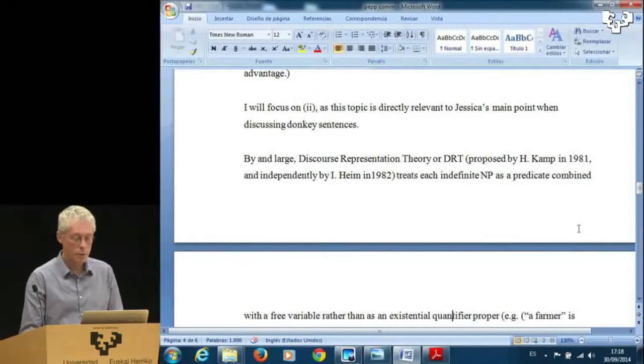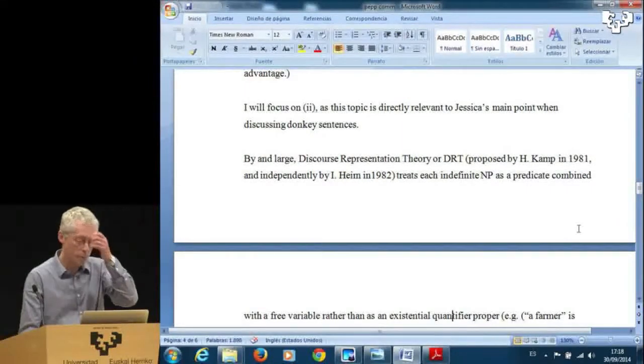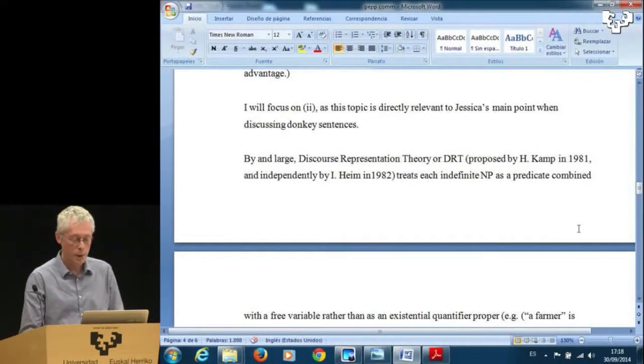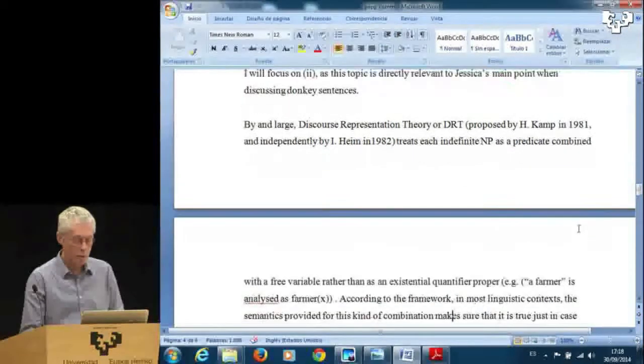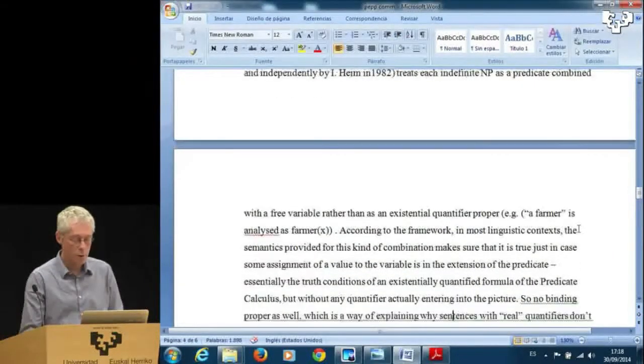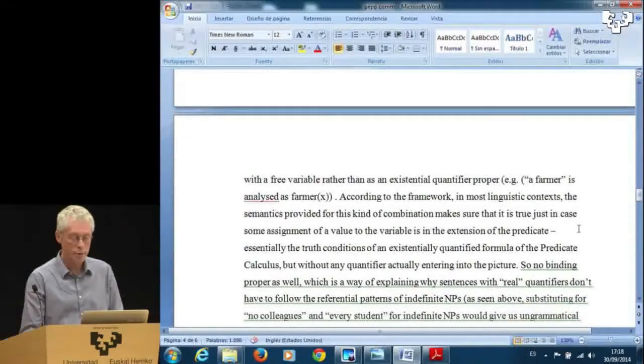By and large, discourse representation theory, or DRT, proposed by H. Kamp in 1981 and independently by I. Heim in 1982, treats each indefinite NP as a predicate combined with a free variable rather than as an existential quantifier proper.